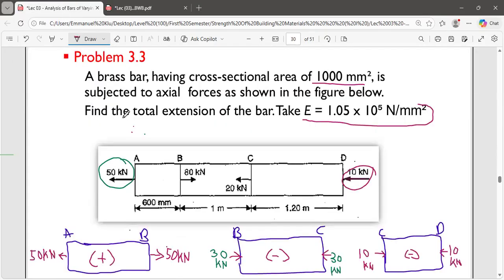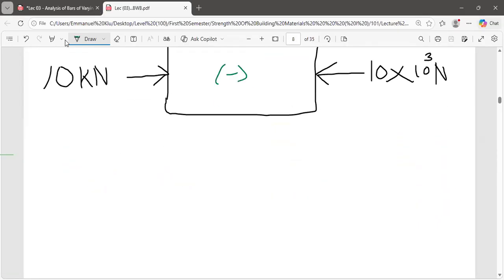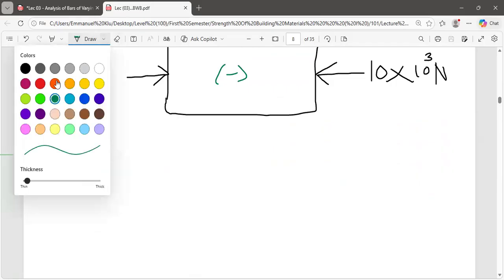Let's come back to the question one last time. The question is now asking us to calculate our total change in length. We can even take it bit by bit. We can pick the first one, calculate each change in length, then pick the second one, and if we finish, we come and add all. Okay. So look at the solution.